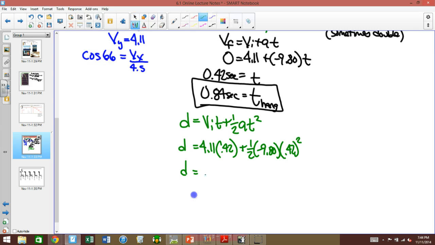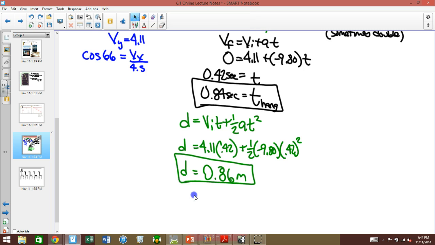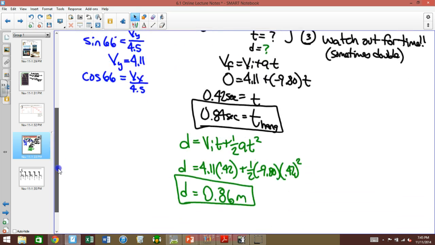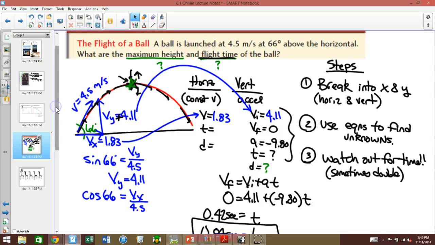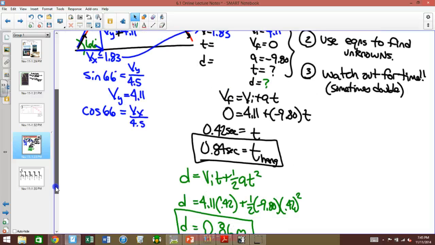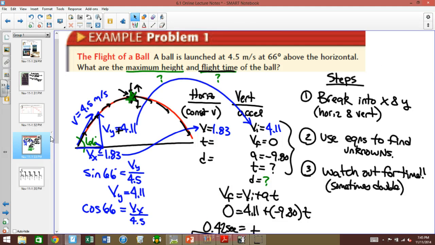And the first time I did this, I was like, this doesn't make sense. It's not even going to go 1 meter in the air. Apparently not. This must be a very slow pitch for it to only go 0.86 meters in the air. So, how high did it go? 0.86. What's its flight time? 0.84.